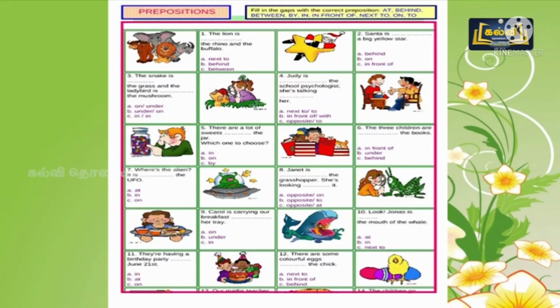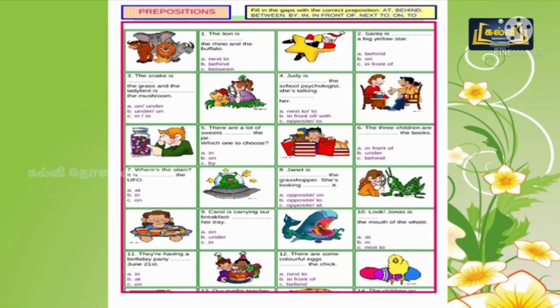Second question is, see the picture. Santa is dash a big yellow star. Options are behind, on, in front of. Can you identify the Santa there? Yes. Third question. See the picture also side by side.